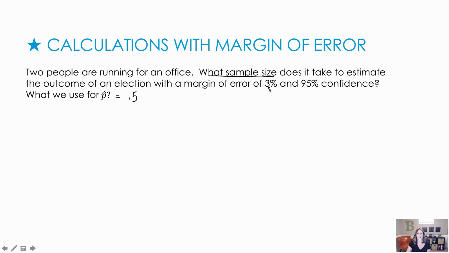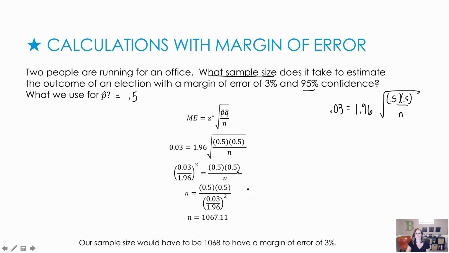So I know that my margin of error is 3%, so that's 0.03, and then equals the z star is going to be for my 95% confidence. So that's 1.96. Again, I'll show you where to find those in a little bit. And then I'm going to use 0.5 times 0.5 over n. So that's how I'm going to set that up.